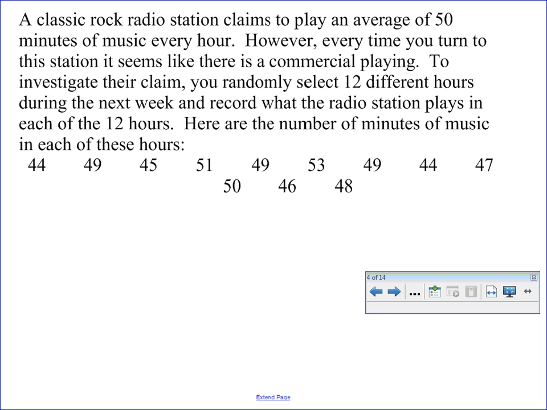So if we were to put all this data into our calculator, or we just find the average, we'd find that the average is 47.916, and that the standard deviation is 2.811. And so the question is, is this difference big enough?